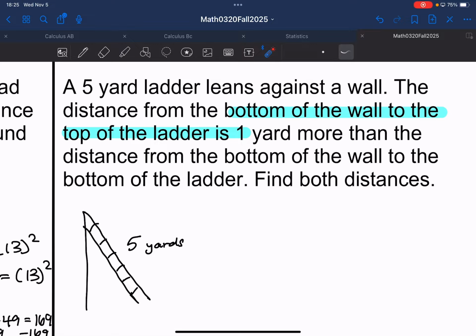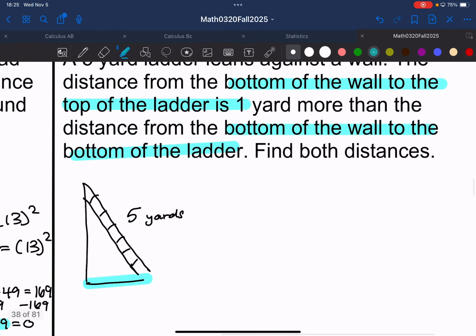But then we talk about the next one, and it says that more than the distance from the bottom of the wall to the bottom of the ladder. So this distance here at the bottom, they don't give us any descriptor for that, so we need to assign it a variable. So what variable do you want to give it? What letter? T. Okay, we assigned it T.